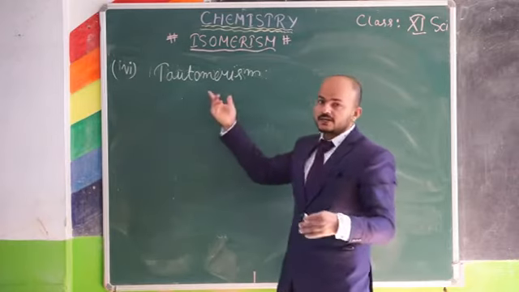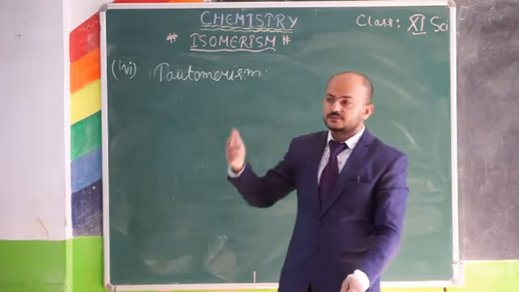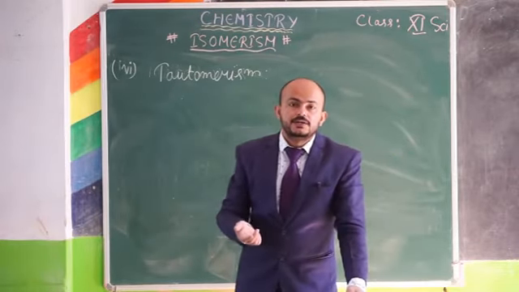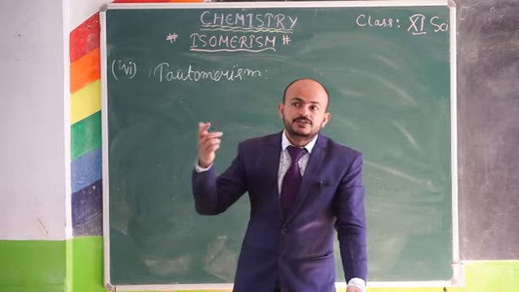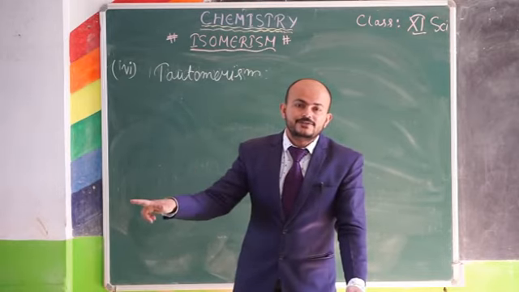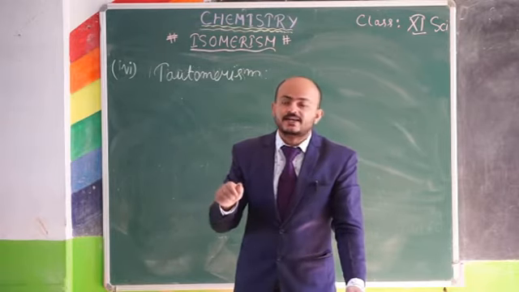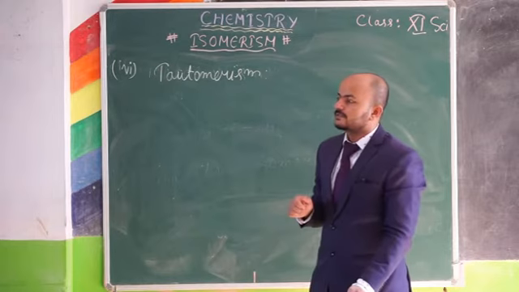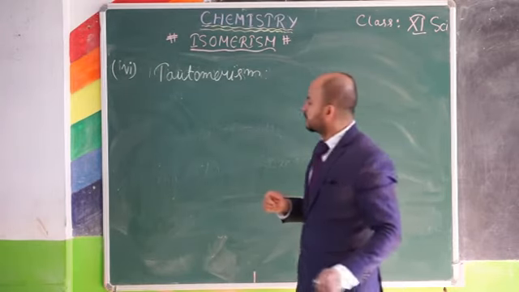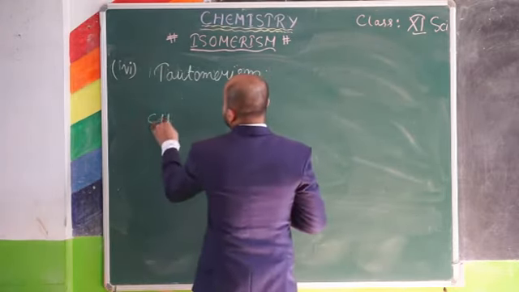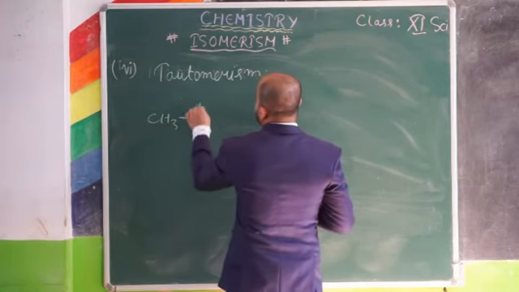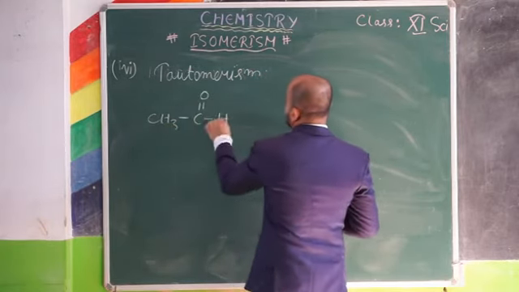So tautomerism is that isomerism where, with the same molecular formula, you will write two different structures and they are going to stay in dynamic equilibrium. For example, if you have this compound, say you have CH3, C double bond O, H.